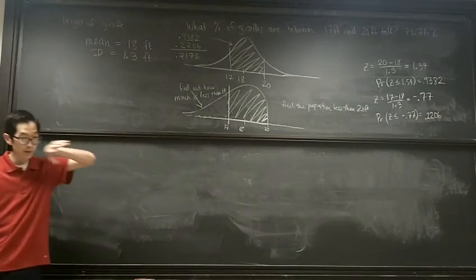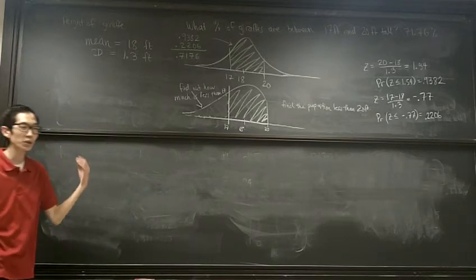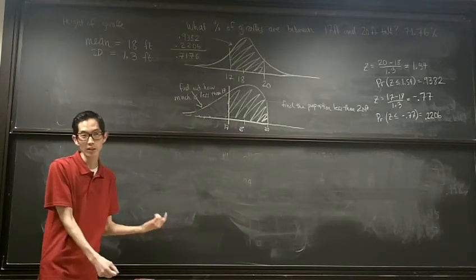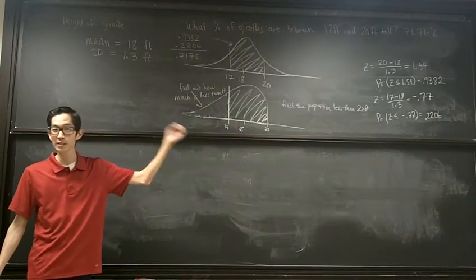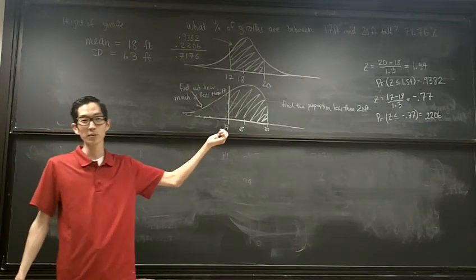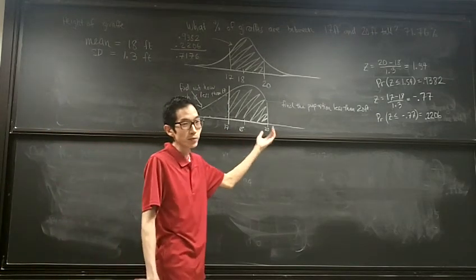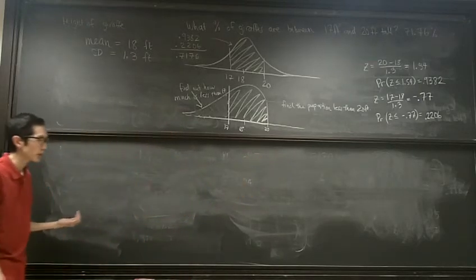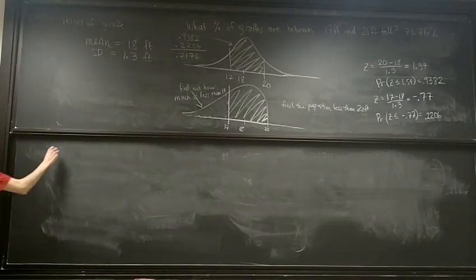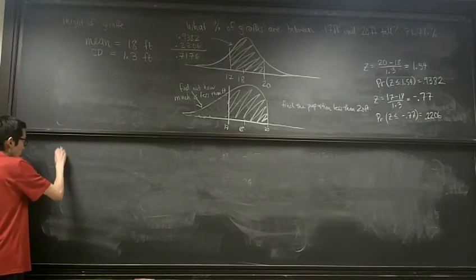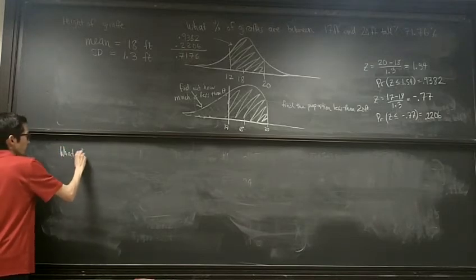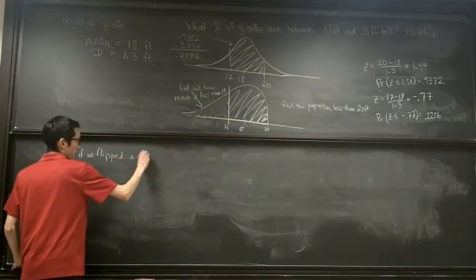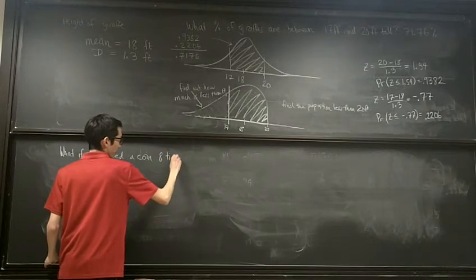We've got about 15 minutes left, and we're going to go back to that very first thing that we did with the random variables. Imagine if we flipped a coin 8 times and we said x is the number of heads that we see. Do you remember what I called it? This is the binomial distribution model.